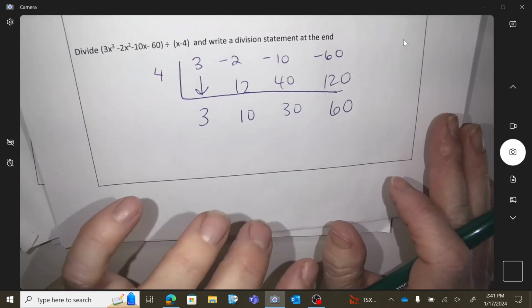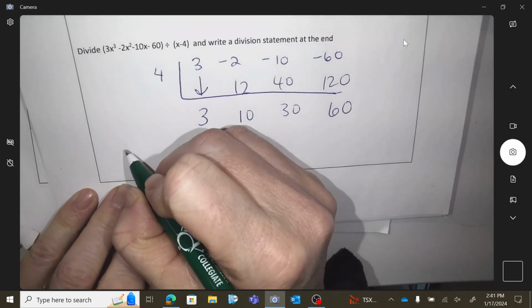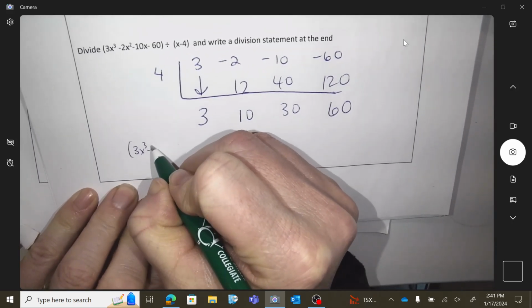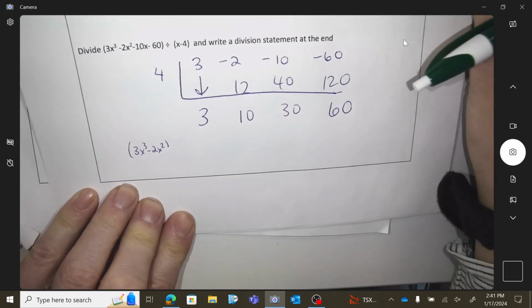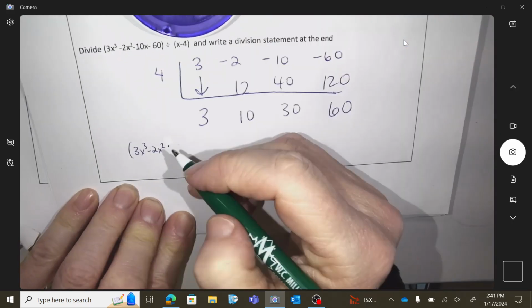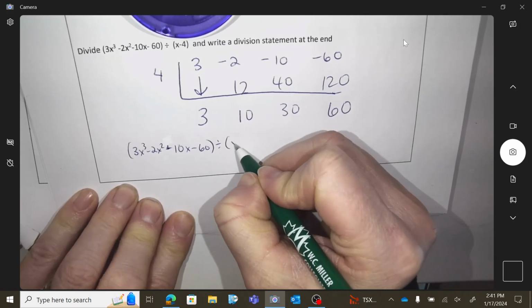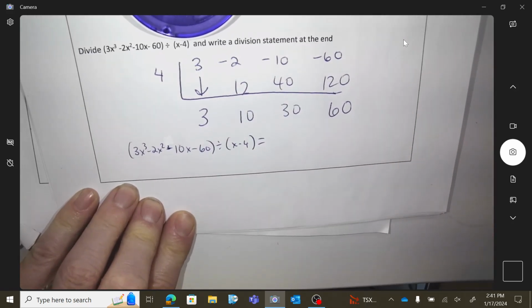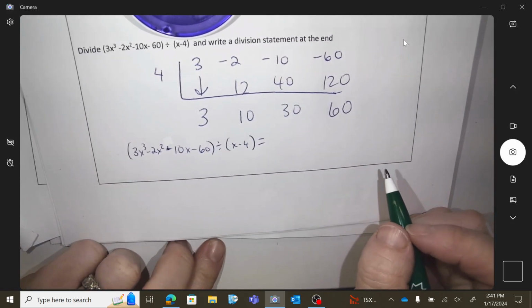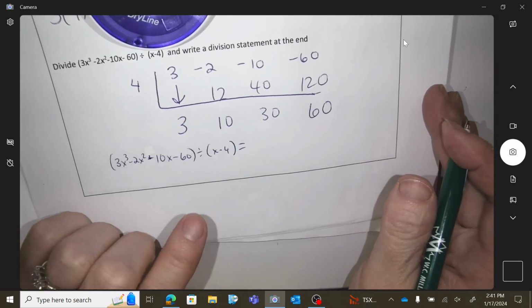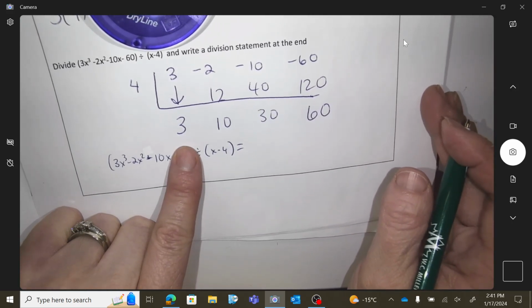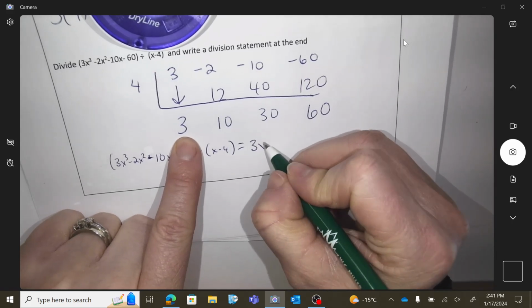Okay, so if I wrote a division statement, I have to do this divided by this equals, how do you read this result? 3 what? 3x squared.